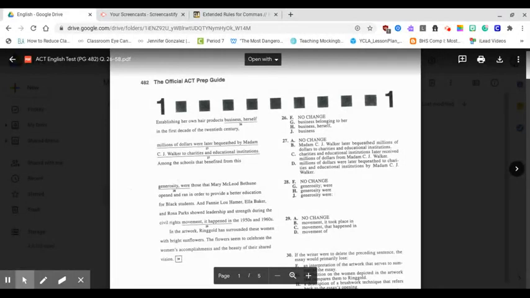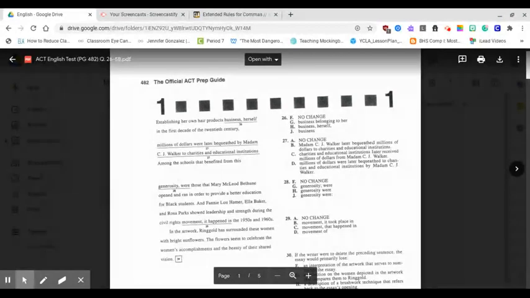You can have two independent clauses separated by a comma and a coordinating conjunction, and you can have a dependent clause and an independent clause separated by a comma, but not two dependent clauses. So answer choice F is going to be eliminated. And then answer choice G is going to be eliminated because it is too wordy. And again, it's redundant.